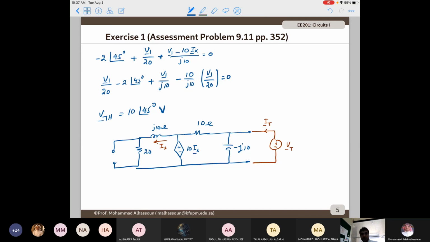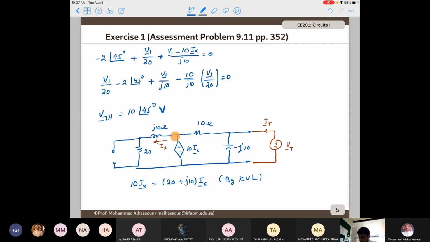So let's note something here. We know that 10Ix, by KVL, is going to be 20 plus j10 times Ix. Following?